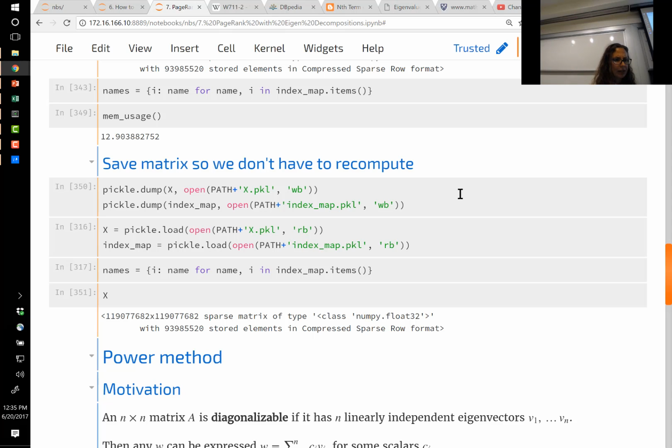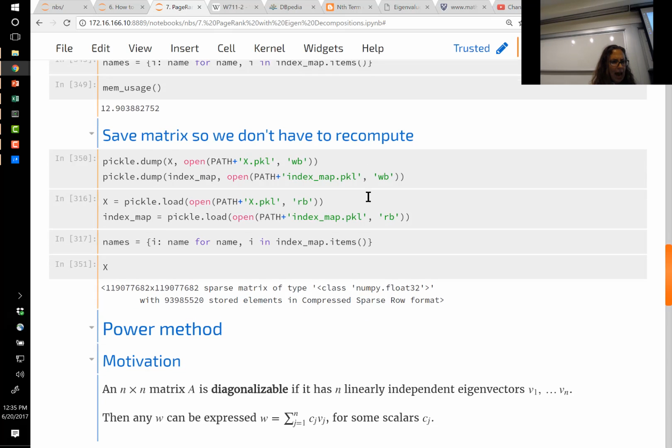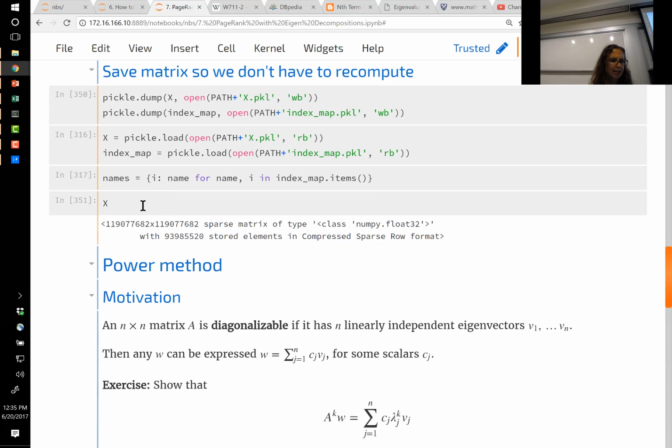So here we save our index map and our data matrix X. And we can check here, X is quite a large matrix, about 120 million by 120 million sparse matrix, and it's got 94 million non-zero entries, which is a lot less than 120 million squared. So we're saving a lot of space.